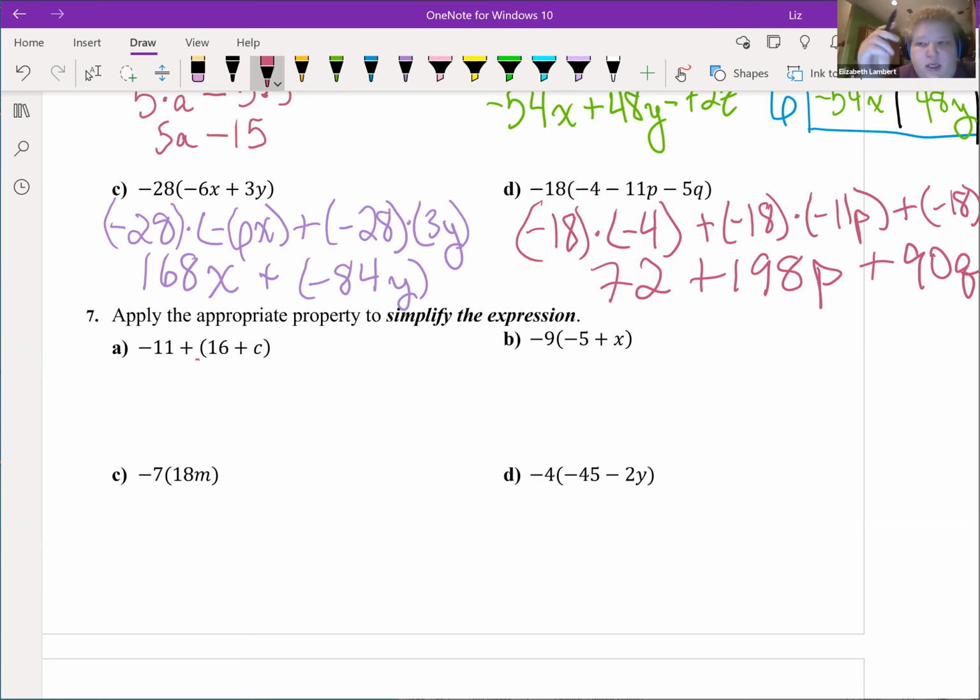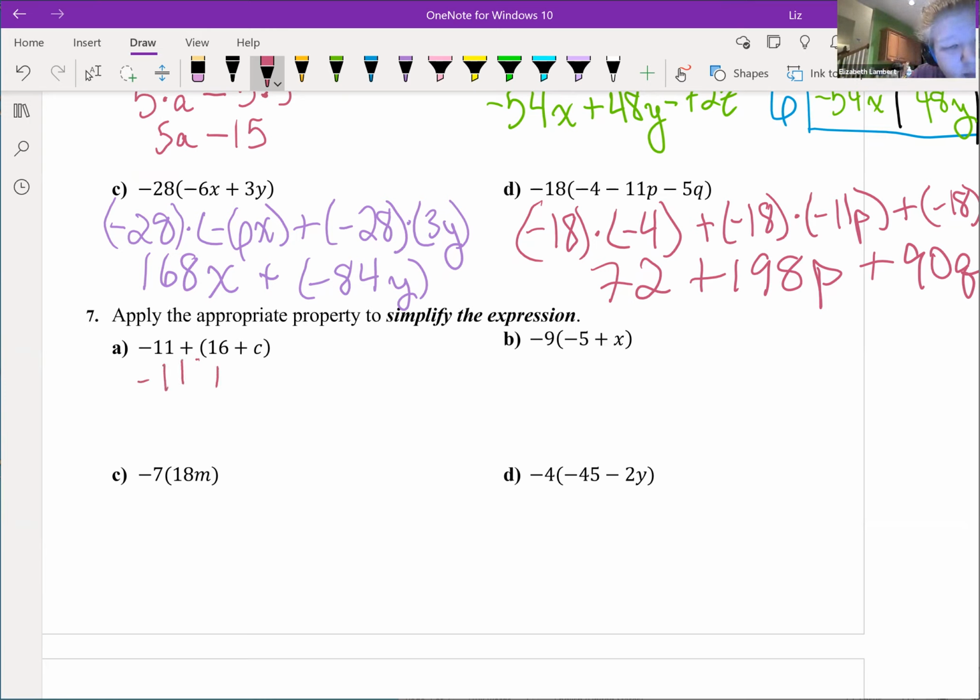But here, this is really the same as negative 11 plus 16 plus c. And then those numbers can be combined. Negative 11 plus 16 takes us to positive 5. So we could write this as 5 plus c. Math grammar rule, colloquially, is to write the variable first. Really, it doesn't matter. Alex will take either of those answers.